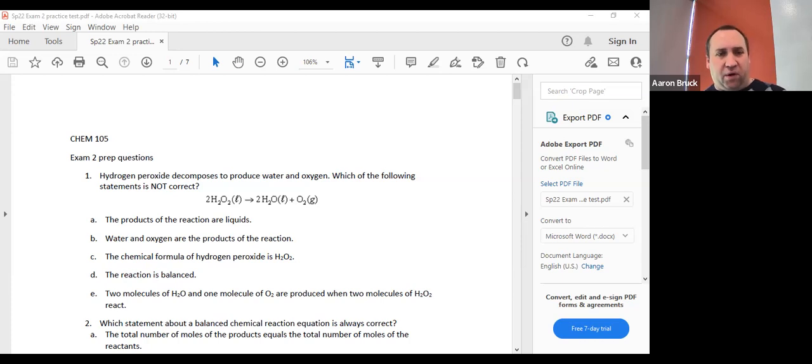And then the last part, the titrations, solution stoichiometry, being able to apply those concepts of concentration to stoichiometry chemical reaction systems.